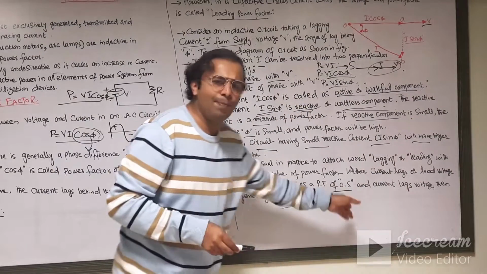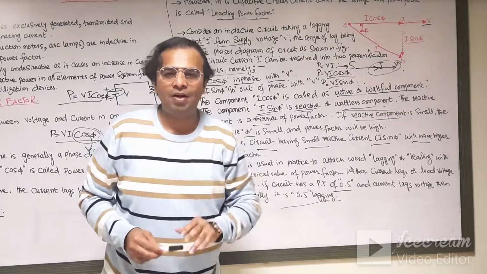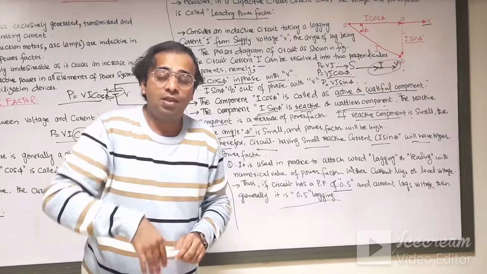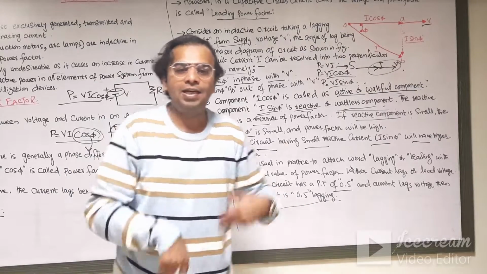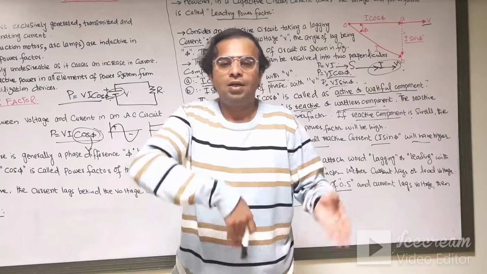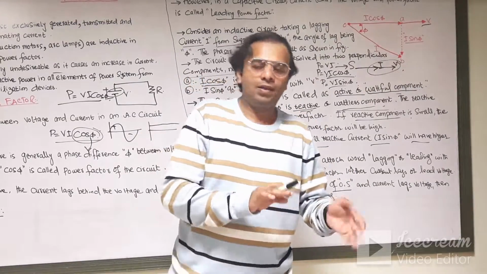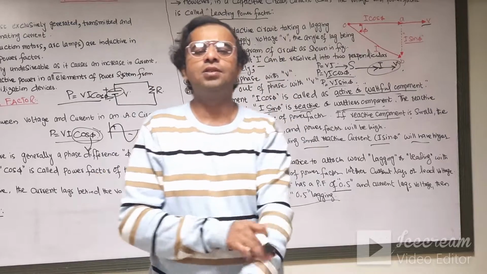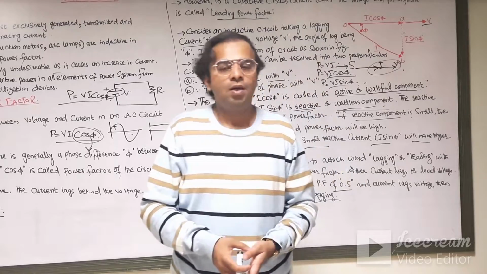And if the circuit is capacitive, it will be called 0.5 leading power factor. Sometimes the power factor is denoted in terms of percentage, like 80% lagging power factor, 70% lagging power factor. So these are the power factor representations in terms of numerical values and percentage.